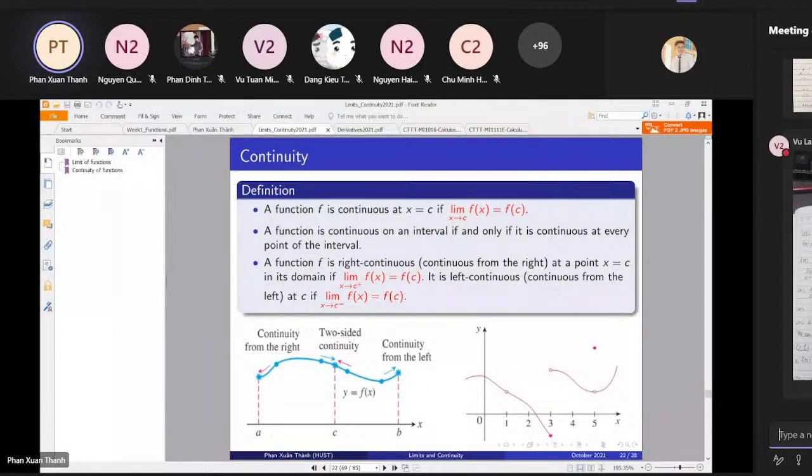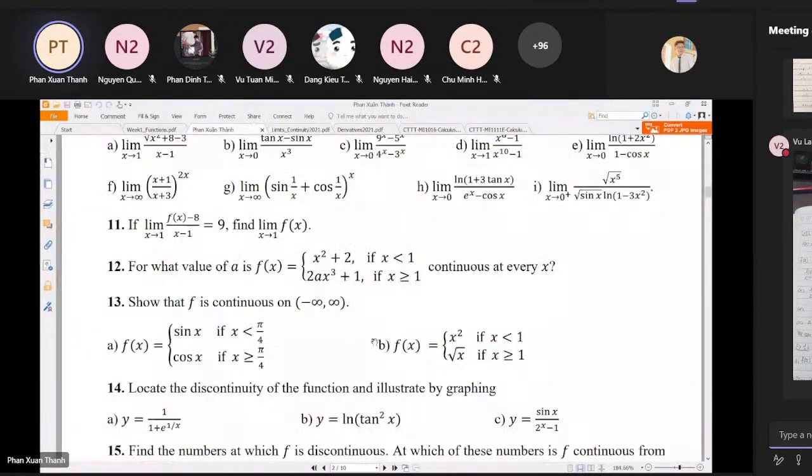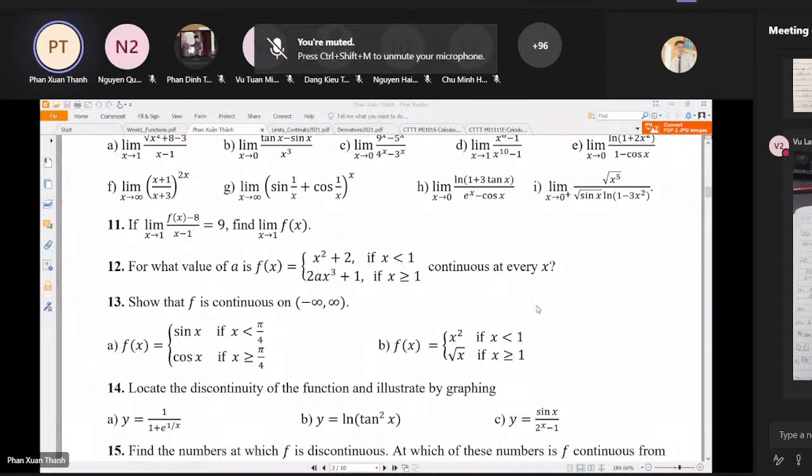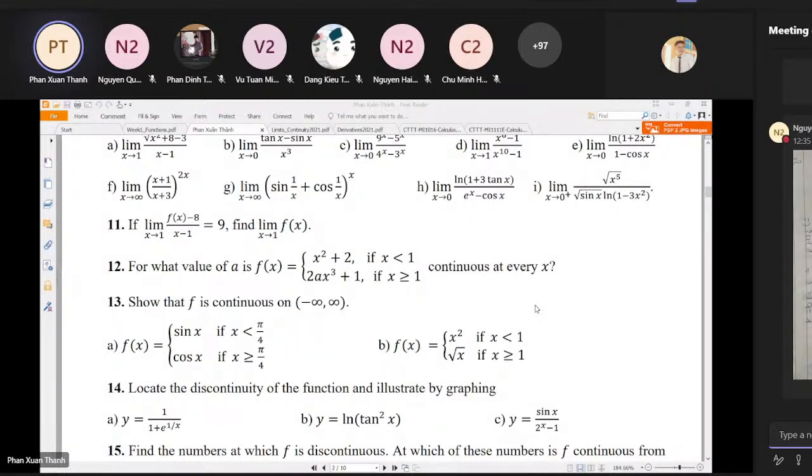So now let's consider exercise number 12. I have already received a lot of solutions for exercise number 12. Now let's see some of them.